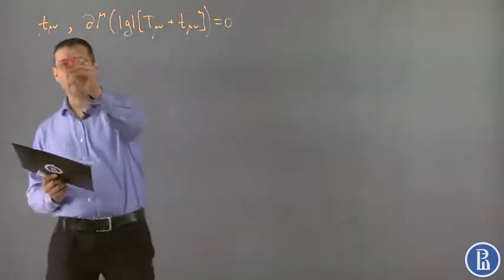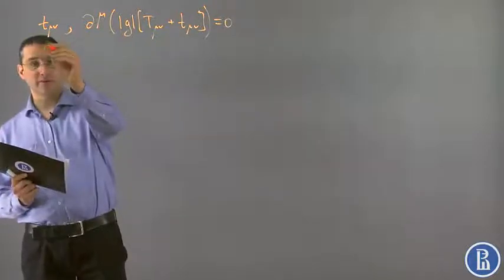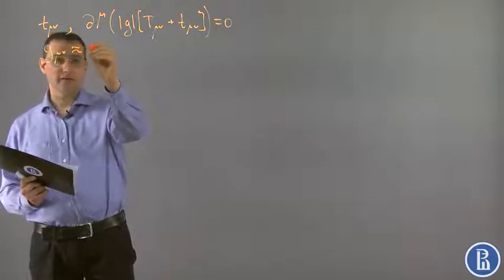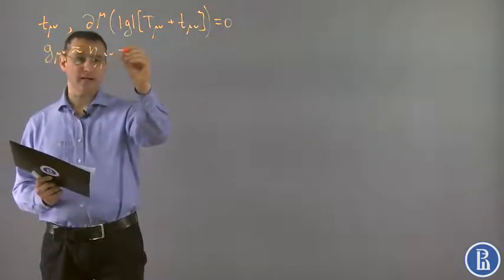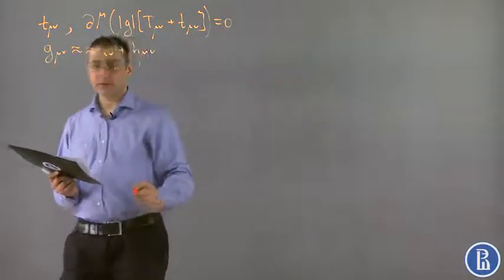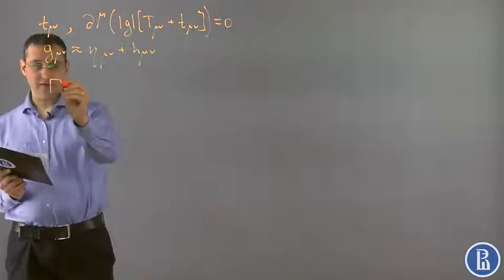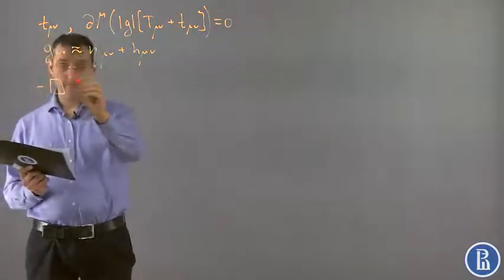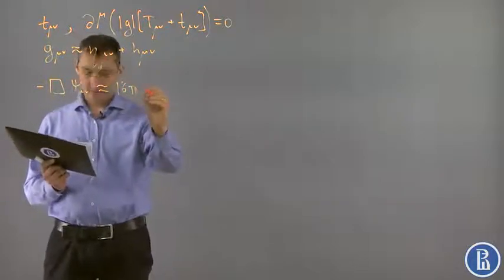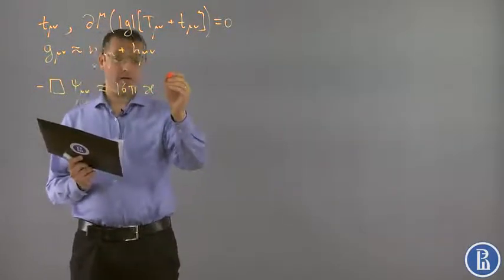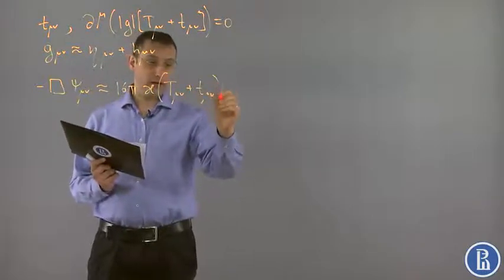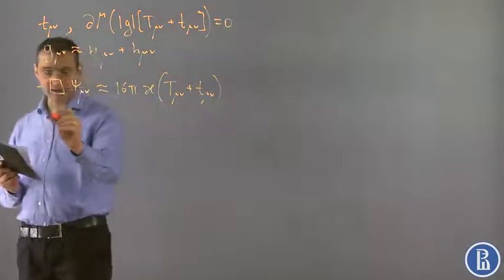At the same time, after that, we have considered linearized perturbations in flat space-time. So we have considered flat space-time plus perturbations on top of it. In this approximation, Einstein equations acquire the following form: 16πκ times exactly the same T^μν plus t^μν, where this term expresses the linearized perturbation.